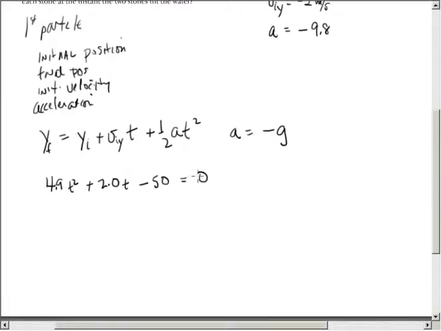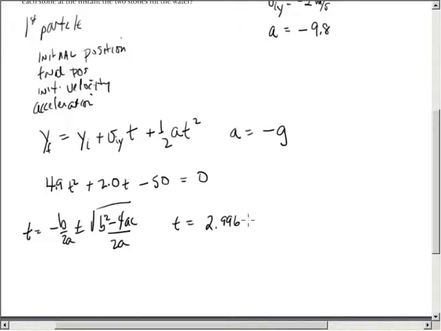Using the quadratic formula, which we recall is that t will be equal to minus b over 2a plus or minus square root b squared minus 4ac over 2a, gives us that t will be equal to 2.996 seconds, minus 3.404 seconds.